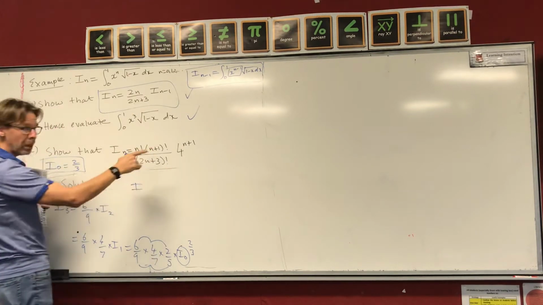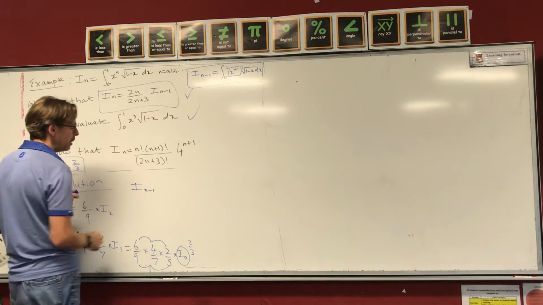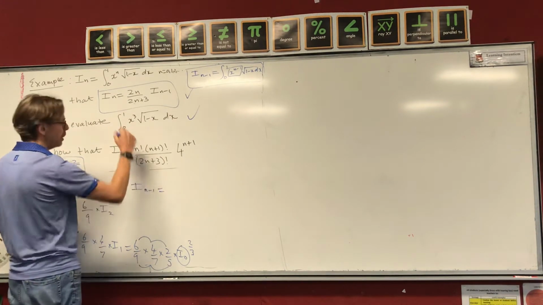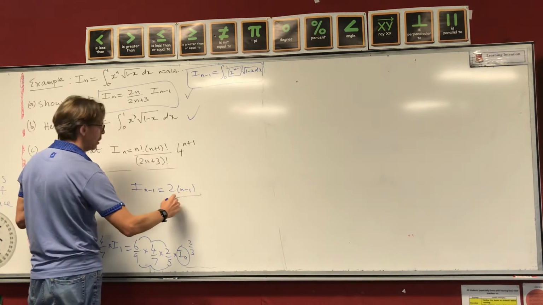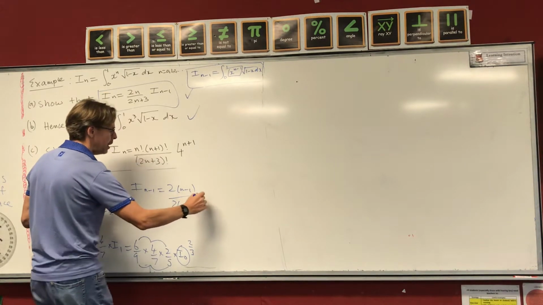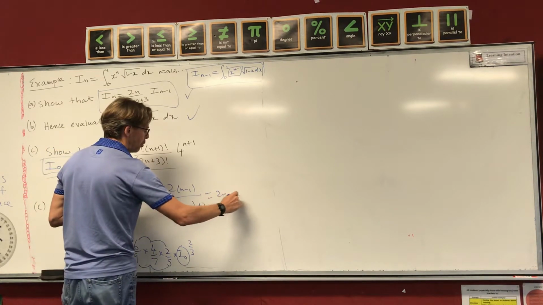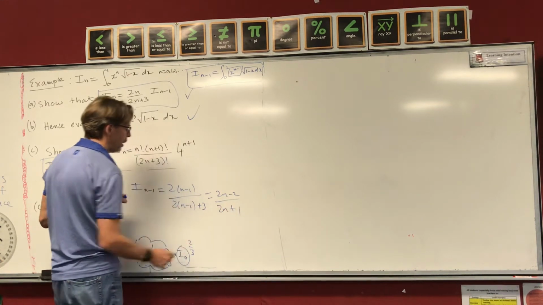Well, it should step down by 2. So if I found I n minus 1, that would be 2 brackets n minus 1 over 2 brackets n minus 1 plus 3, which is 2n minus 2 over 2n minus 2 plus 3, which is 2n plus 1.